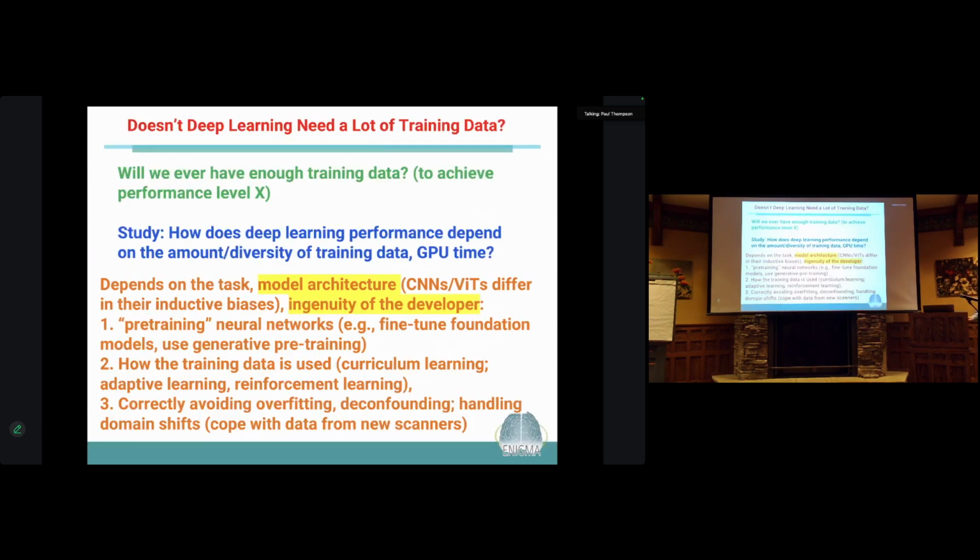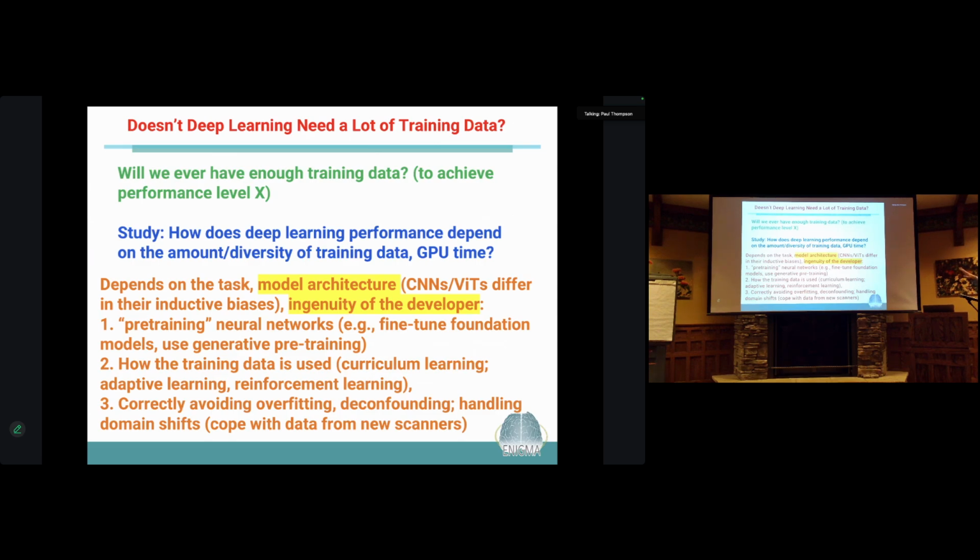When students are trying one of these problems, let's say the student says, I want to write a classifier that detects autism. The first question is, will we ever have enough training data? Do we have enough training data? To make the problem more well posed: to achieve a certain performance level X, do we have enough data?